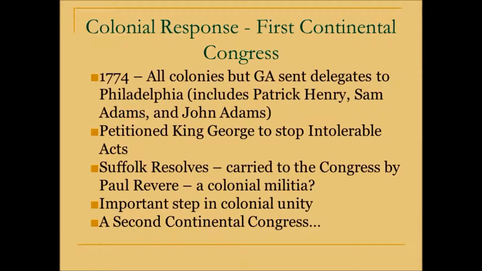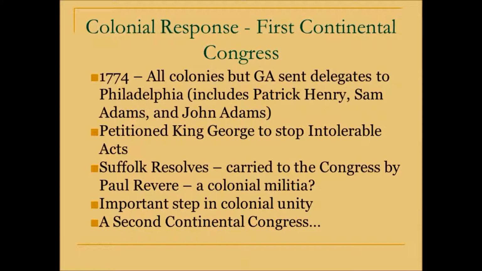So they're asking themselves, do we create a militia? They've already said to King George, we will not buy or give anything to you anymore. And before they leave, they haven't actually really set anything in motion. It's all kind of these ideas right now. But the most important thing that they did before they left is they resolved that they would come together again during a Second Continental Congress if George refuses to end the Intolerable Acts.